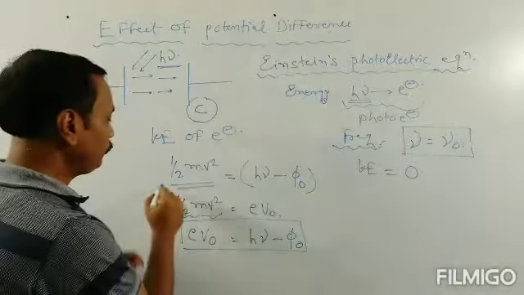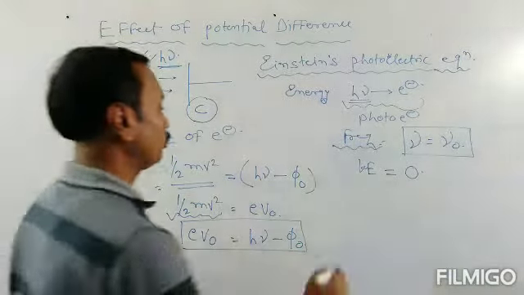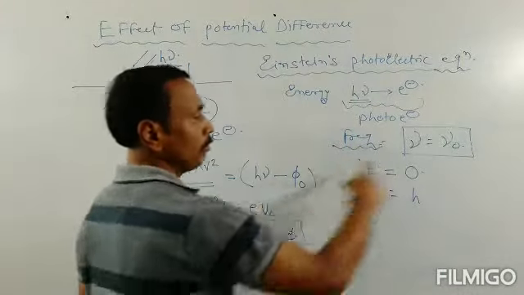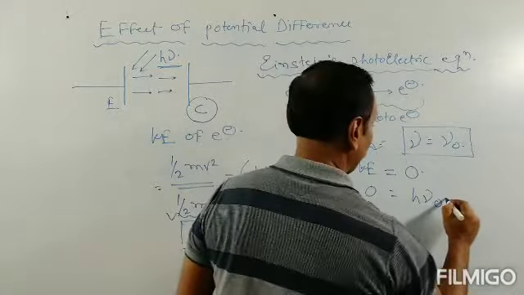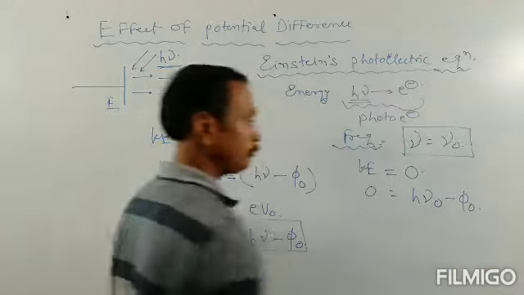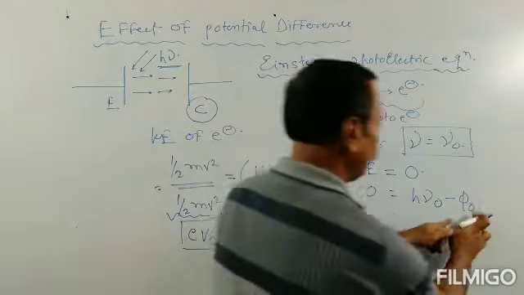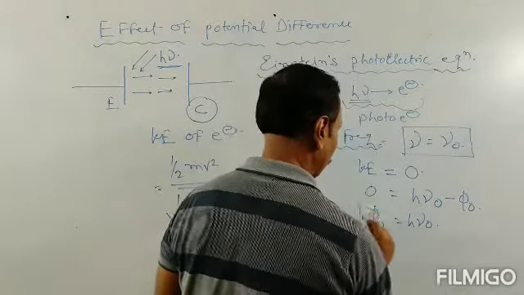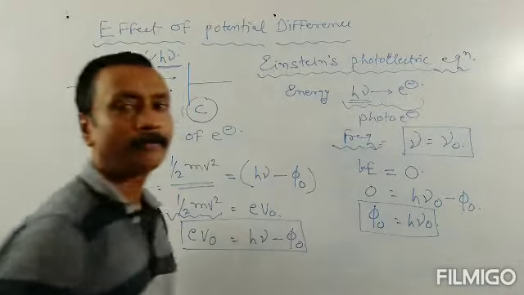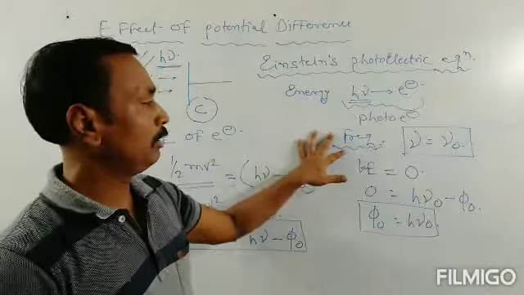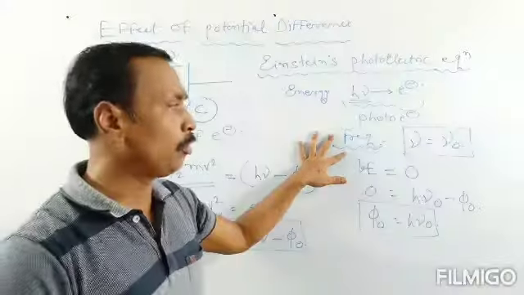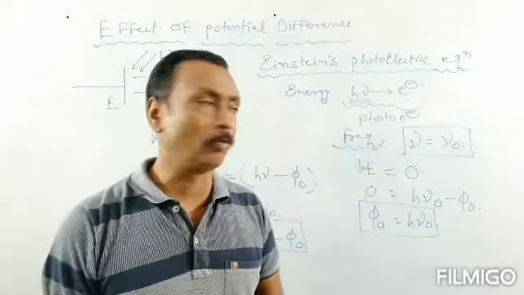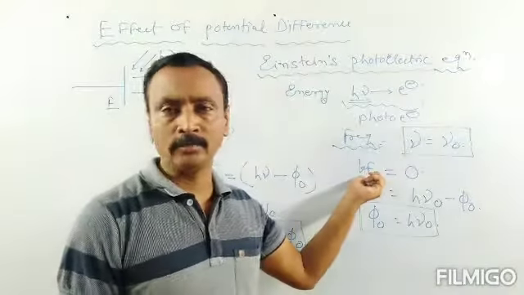So we put this value in the equation: 0 equals h nu 0 minus phi0. What is the value of phi0? Phi0 equals h nu 0. Since the frequency is lower than the threshold frequency, there is no chance of photoelectrons being emitted, so the kinetic energy will be 0.